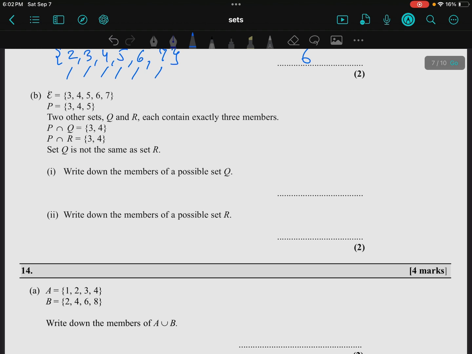Universal set is given, P is given. Two other sets, Q and R, each contain exactly 3 members. P intersection Q is 3, 4 and P intersection R is 3, 4. Set Q is not the same as set R. Write down the members of a possible set Q. What is common in P intersection Q? That means 3 and 4. 3 and 4 are the elements in both sets P and Q. Except for that, you will take one element from the universal set to write here.